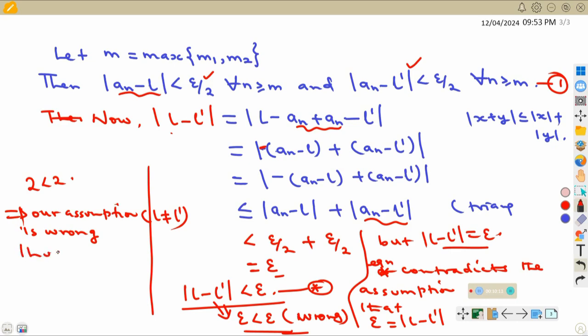Thus, L must be equal to L prime. And if L is equal to L prime, clearly you will have shown that a sequence cannot converge to more than one limit. And for that case, we shall have our theorem proved.